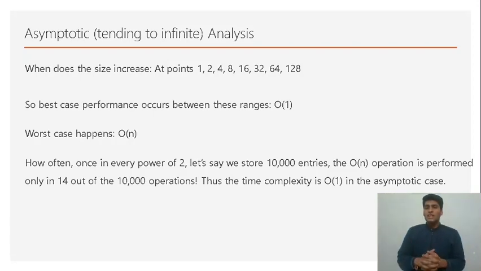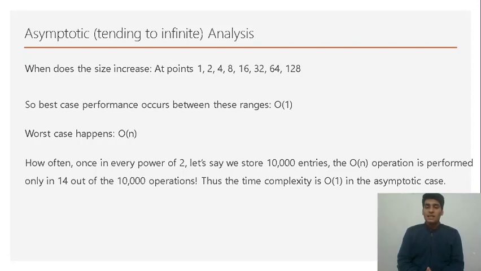But what is the average case complexity? Let's say we have pushed 10,000 elements. How many times did we need to do a very huge operation? It is only 14 times. And 14 times you're doing very large operations, and the rest of the time you are doing unnoticeable operations.